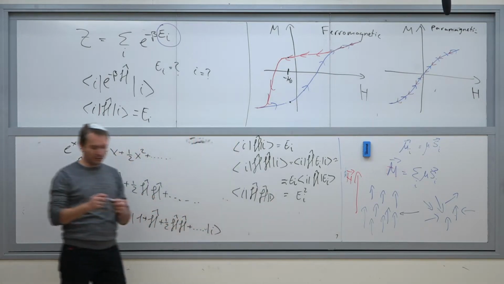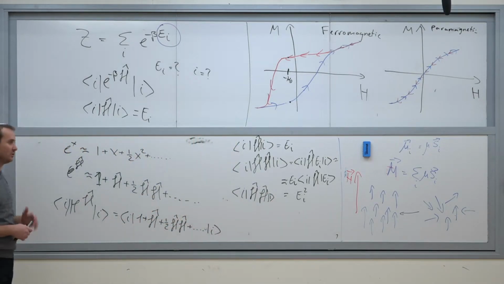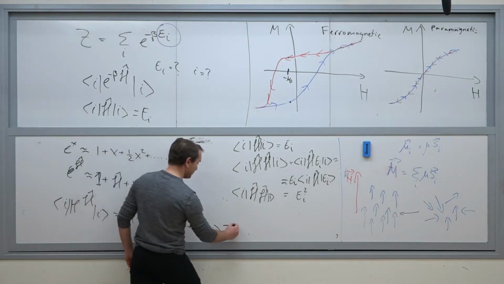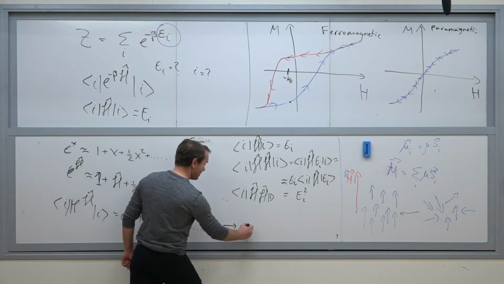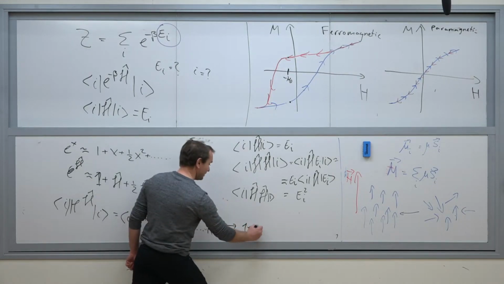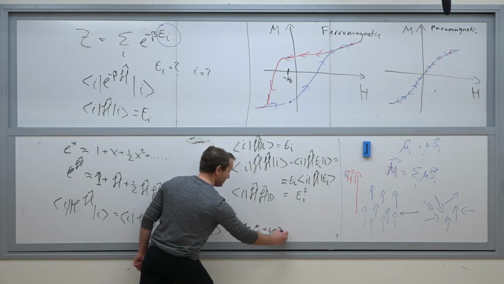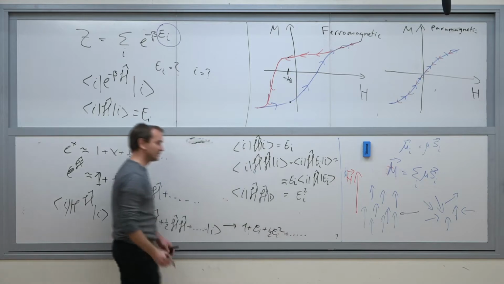I don't have to worry here too much about the commutation problem. So this is going to transform into 1 plus E_i plus 1/2 E_i squared, etc.